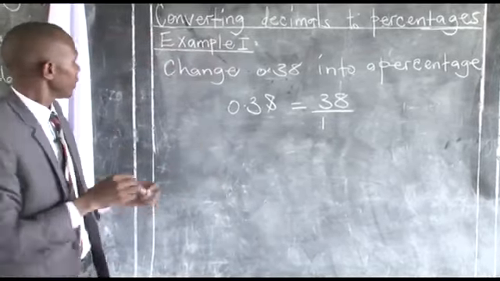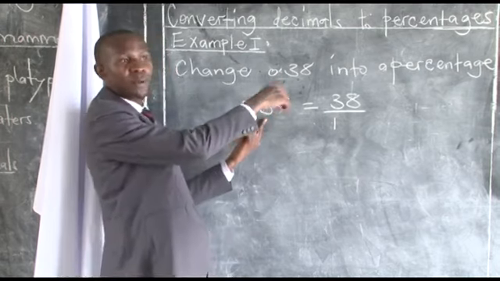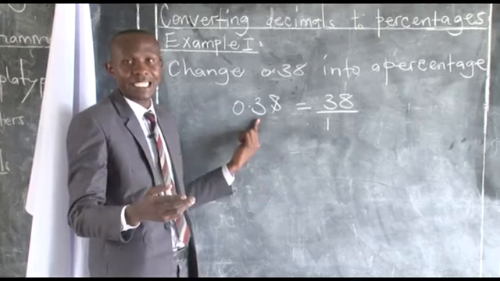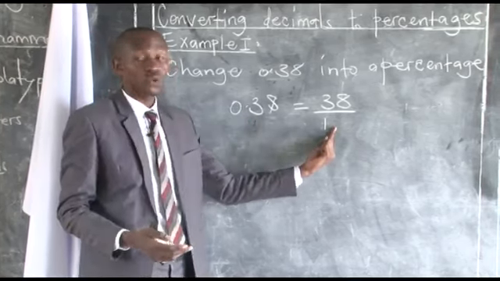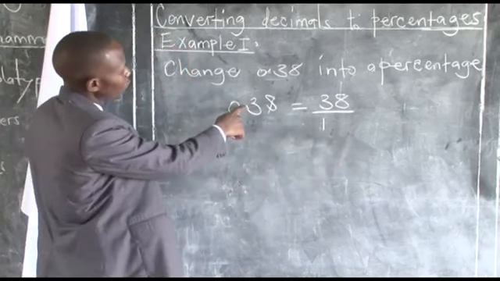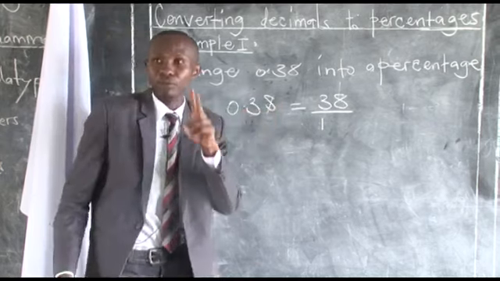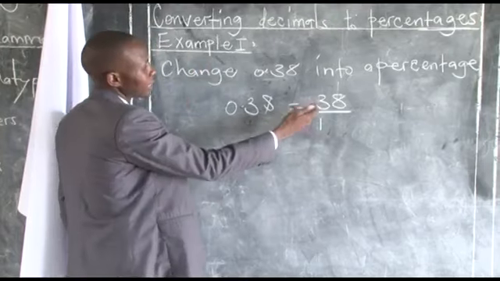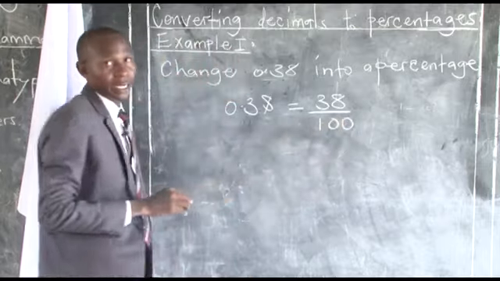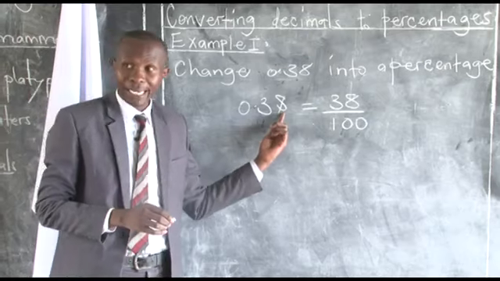After putting 1, come here, where the decimal point is. Count the decimal places. How many decimal places are here? The number of decimal places determines the number of zeros you are to add on this one. That is to say, from here up to here, this is one decimal place, this is the second. So we have 2 decimal places. So we shall say 38 out of 100. We are saying out of 100 because we have 2 decimal places.